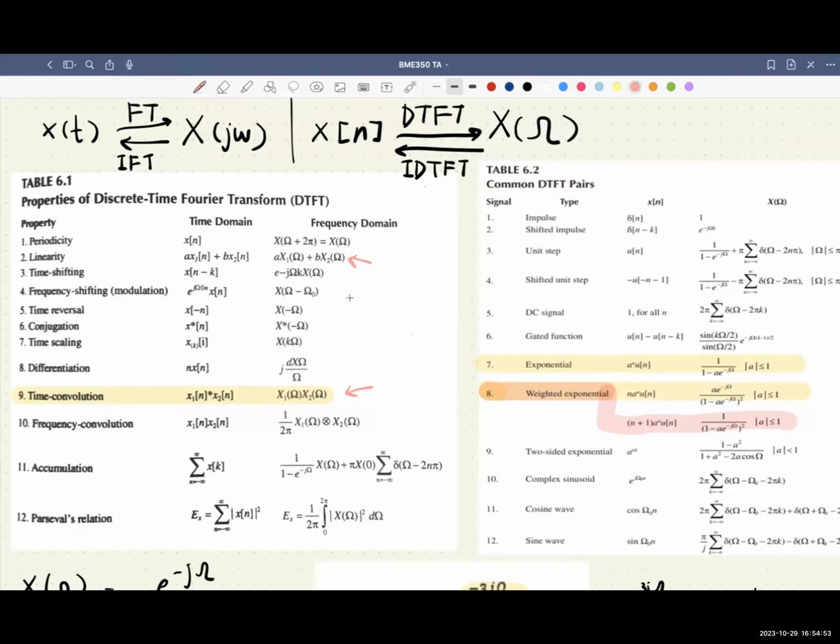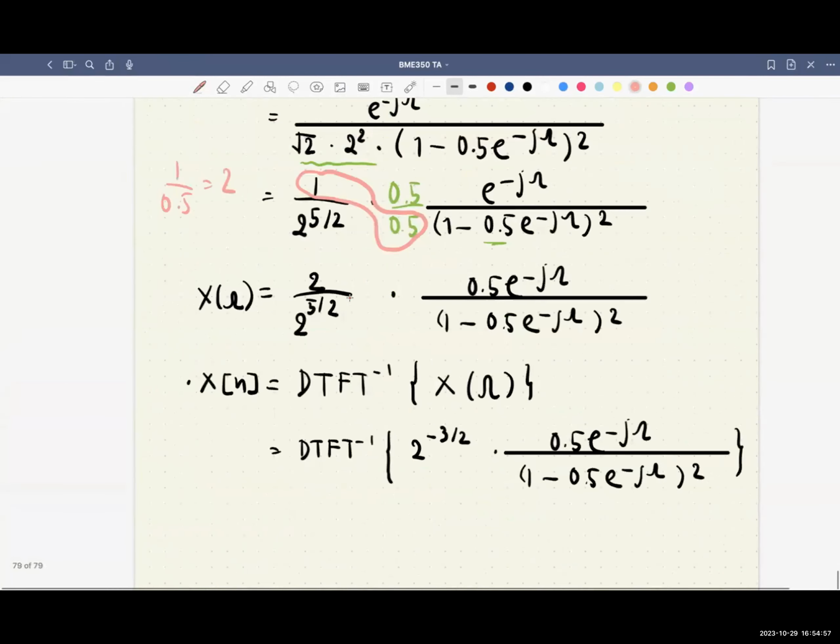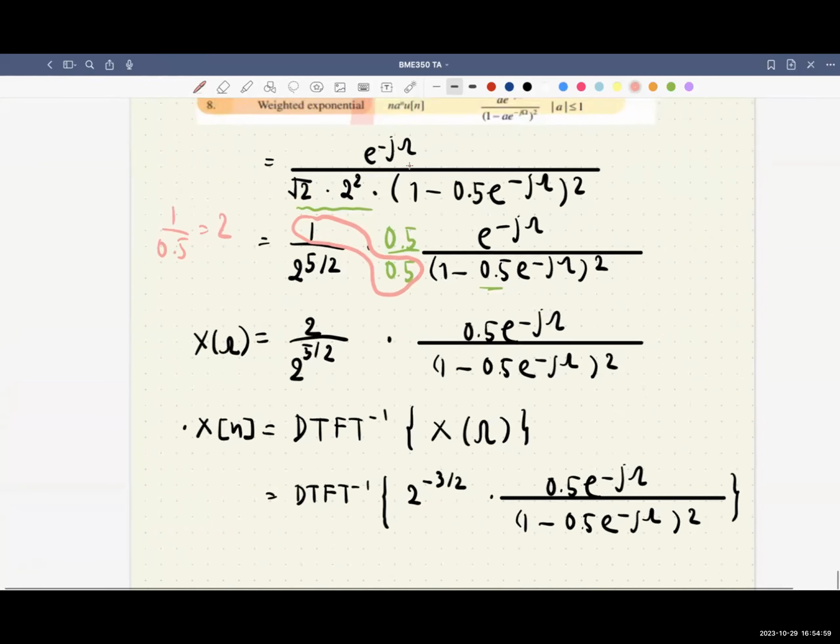Okay, let's go. I might be too quick on this, but we have 2, right? And 1 over 2 to the 5 over 2 is going to be 2 to the power of negative 5 over 2. And our 2 is actually 2 to the power of 1, right?